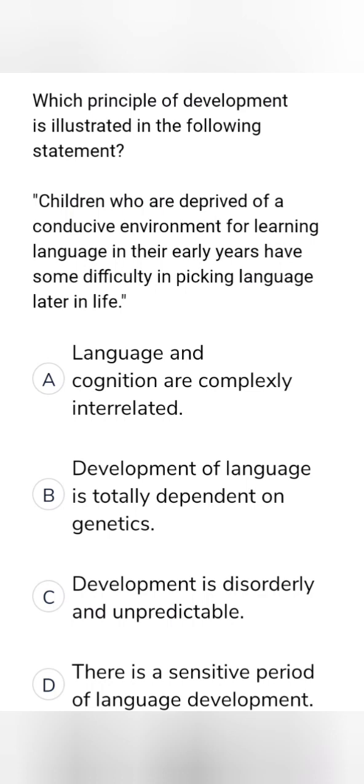Option number B, development of language is totally dependent on genetics. Option number C, development is disorderly and unpredictable. Option number D, there is a sensitive period of language development. Option number D is right. There is a sensitive period of language development.